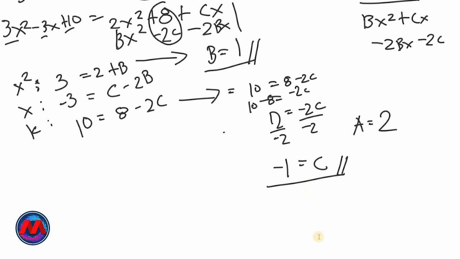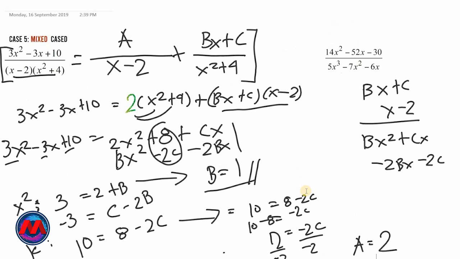Alright. So, going here sa taas, we can now write the final answer. We will get a good pen. So, that's 3x squared minus 3x plus 10 over x minus 2 times x squared plus 4.